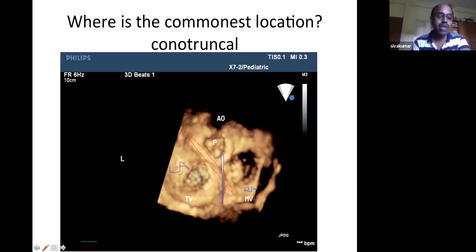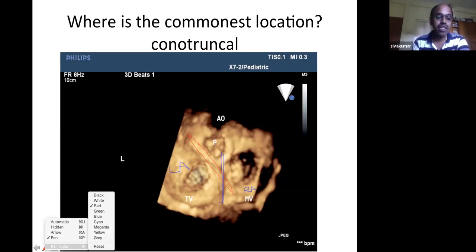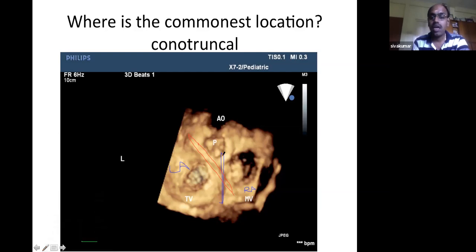The commonest locations of the ventricular septal defect will be conotruncal and subpulmonic. Rare VSDs can be in this location, subaortic. Common VSDs are subpulmonic.